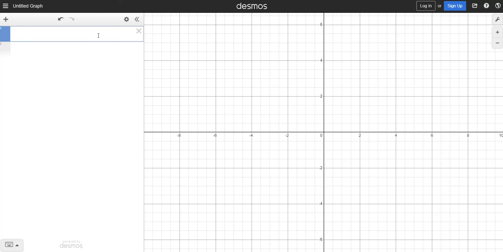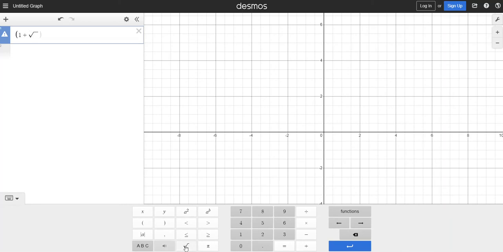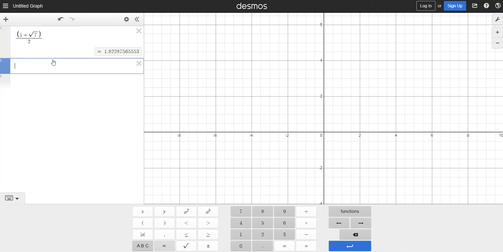Let's see, I have 1 plus the square root of 7 over 2, and then I have 1 minus the square root of 7 over 2. My decimal approximation is approximately 1.82 and negative 0.82.